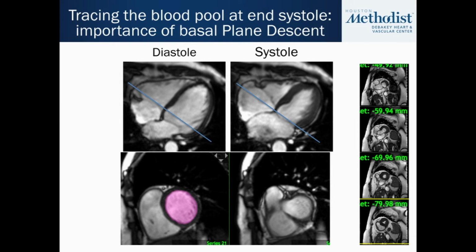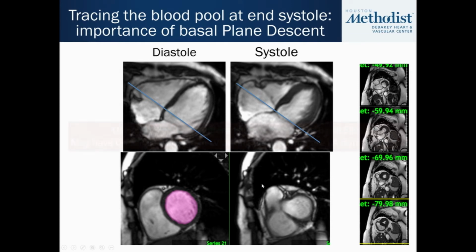Another thing to keep in mind when we're doing CMR is the heart is moving back and forth within the body, and when we're tracing these end diastolic volumes in this particular slice, as you go back and trace an end systole, now a lot of this is within the atrium, but rather not the heart.